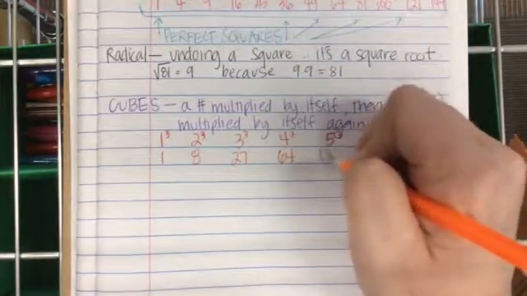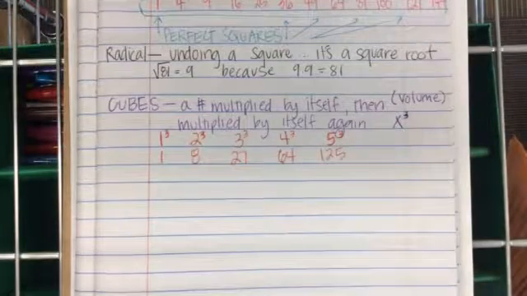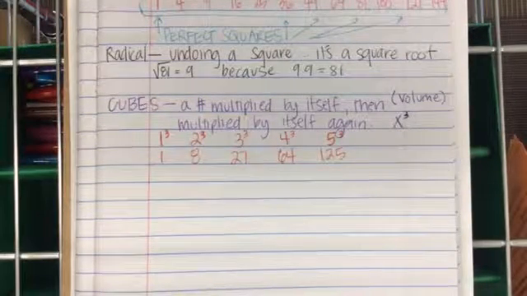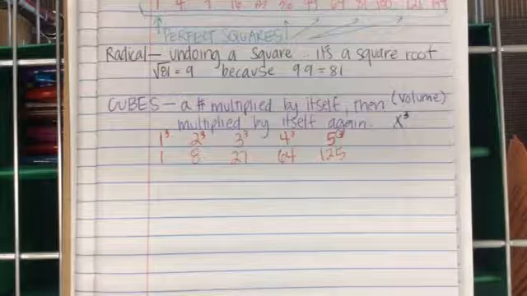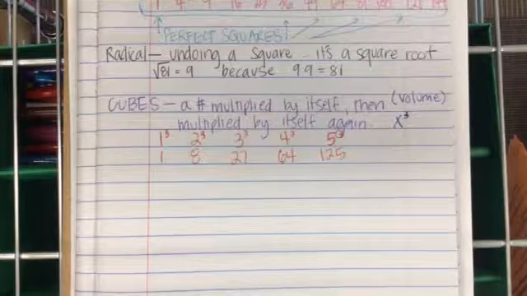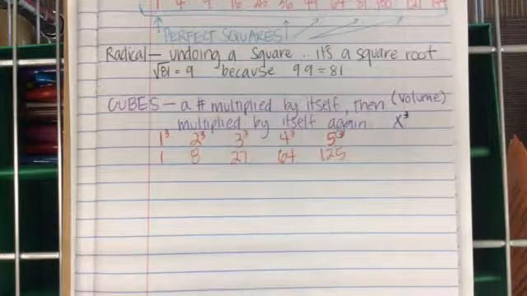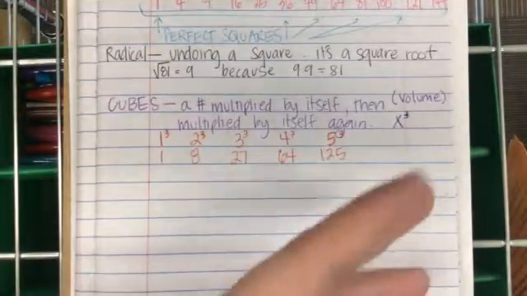And this is typically where we stop memorizing. If it's something else, then we guess and check, or we use our calculator to figure it out. But if you can memorize these 5 cubes, you're good to go.